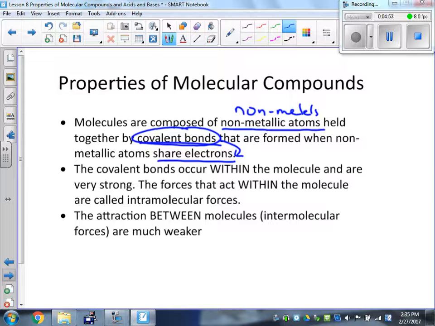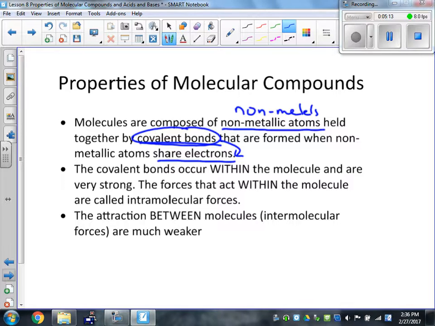Now, the covalent bonds within, and this is important, now pay attention here, guys, this is actually Chemistry 20 as well. The covalent bonds that occur within the molecule are pretty strong. So what holds that molecule together, the sharing of electrons, is fairly strong.